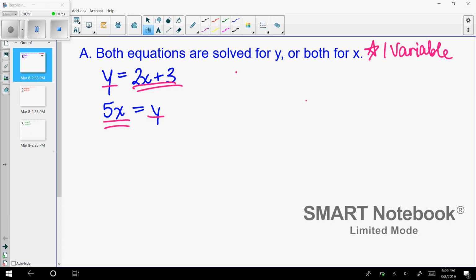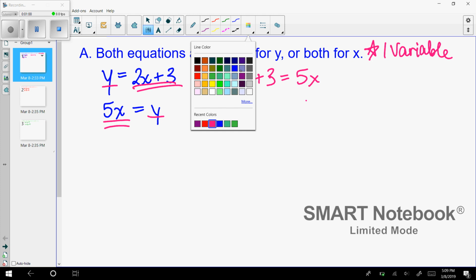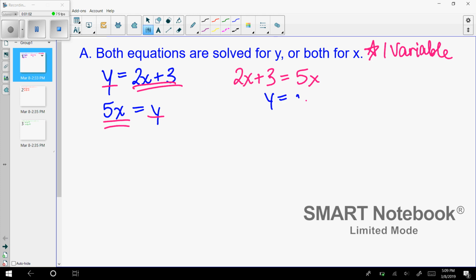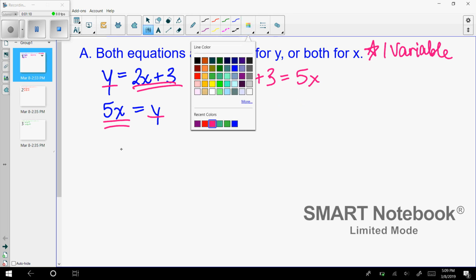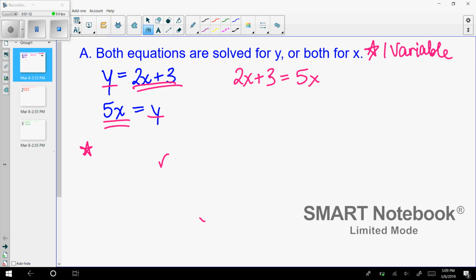So I know then that I can write 2x plus 3 equals 5x, because that's like saying y equals y, right? I got it from each of my two equations. So then your step is to make them equal each other.